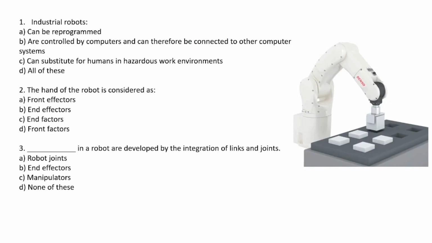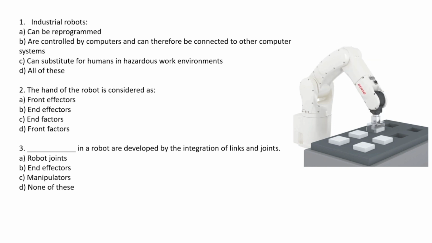Okay, so the options are given as: can be reprogrammed, are controlled. So can be reprogrammed. If we see this point, industrial robots are designed to be flexible and adaptable to changing manufacturing requirements.